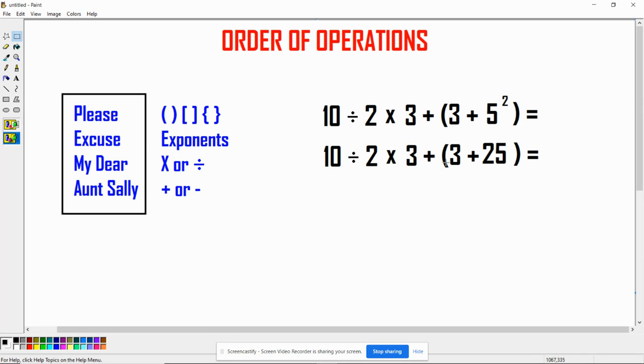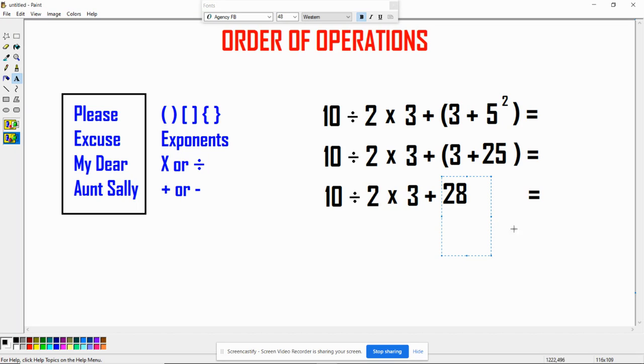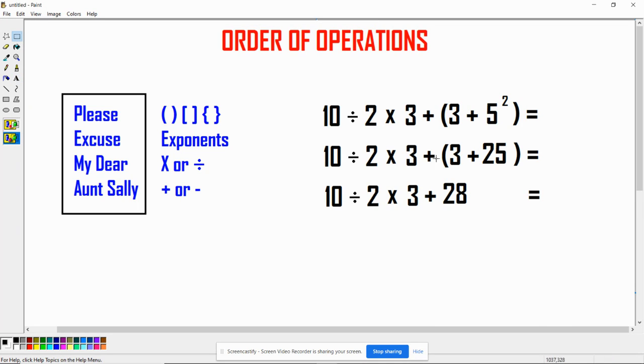So we still have parentheses, so we have to do what's in those parentheses. And here I am bringing everything down. Obviously, I can get rid of this and put, what's that, a 28? Let's put our 28 in there. So now we have that.